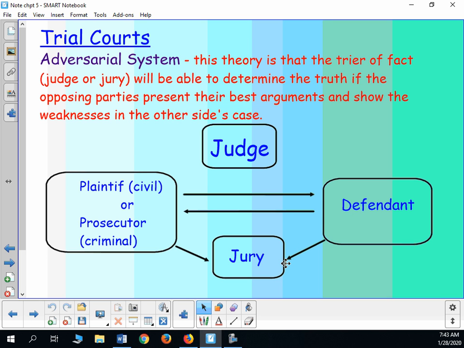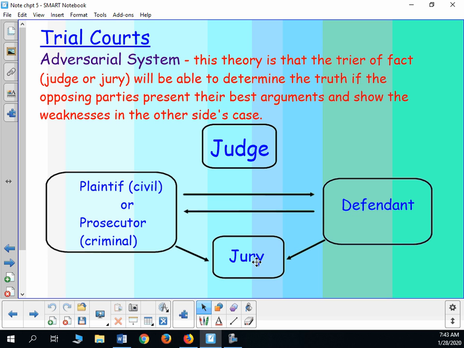So what I tried to show you here is, here's the judge, he's presiding over the trial, sorry, and you've got the plaintiff in a civil or the prosecutor in the criminal trial, and then you have the defendant. And these two will present their cases, defendant through their attorney, plaintiff through their attorney, prosecutor who is the attorney, back and forth.